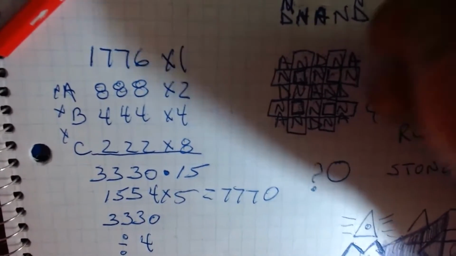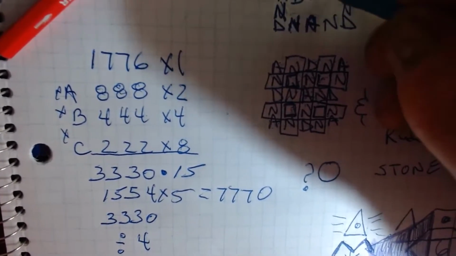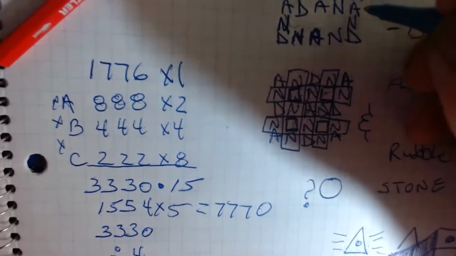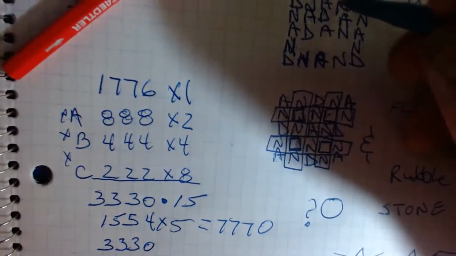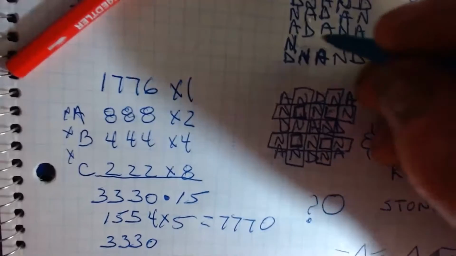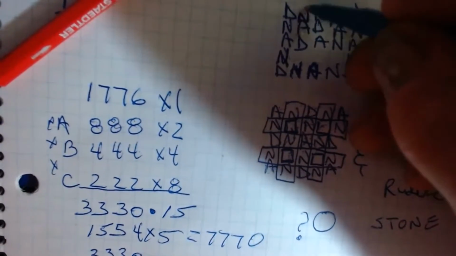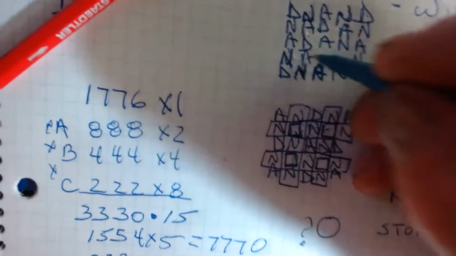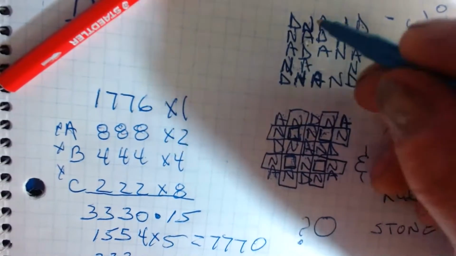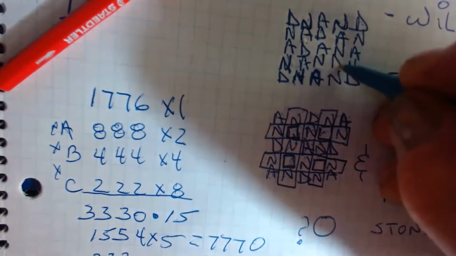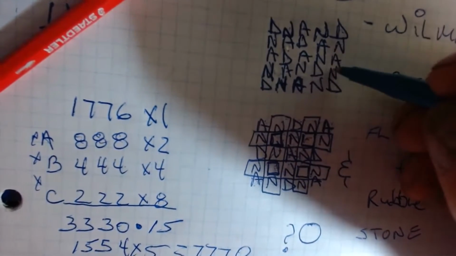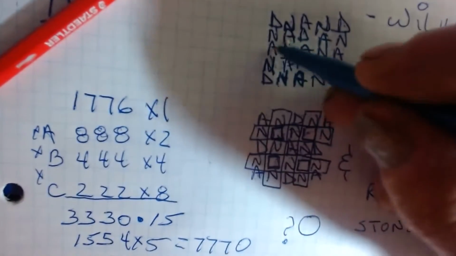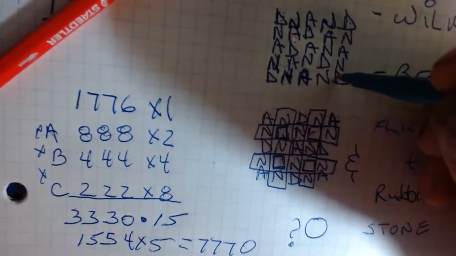So it's AD, A, N, A. And then after the N is D, N, A, N, D. So it's N, D, N, A, N, A, D, A. Is that possible? Oh my God. Anyways, we're going to forget about that.